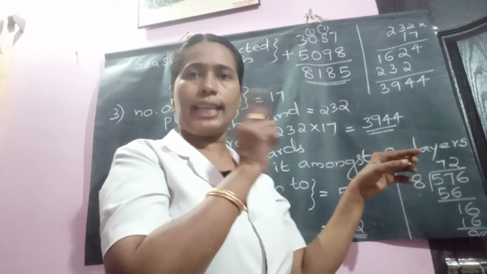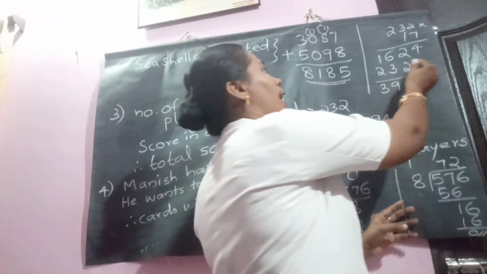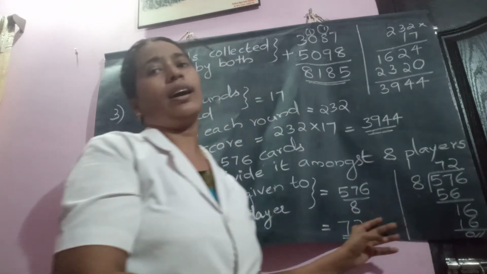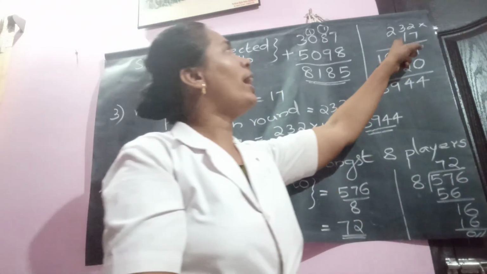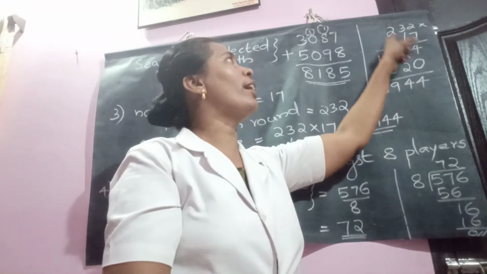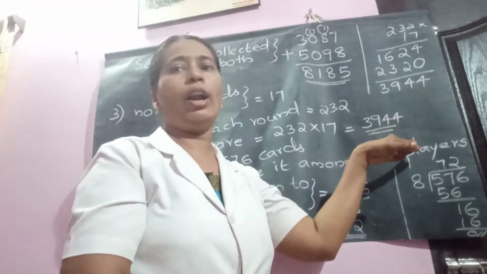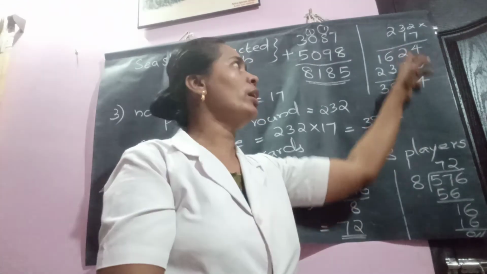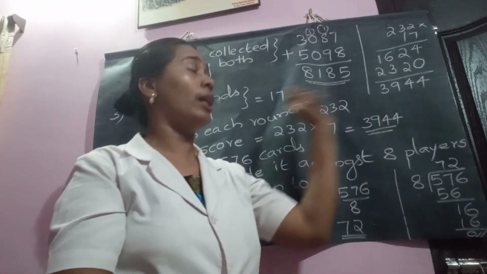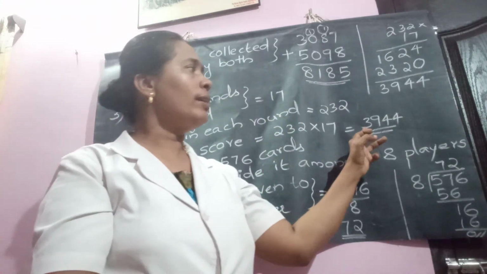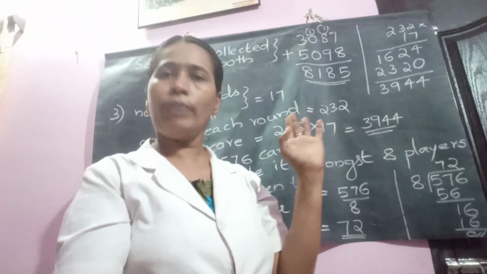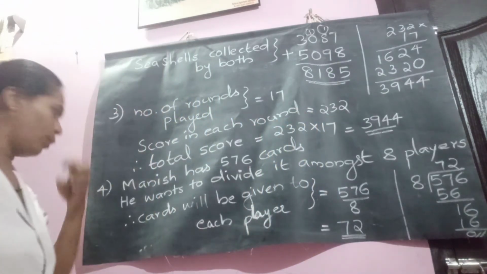For the second row, the teacher already told you, you have to first write 0, then start. 1 two is 2, 1 three is 3, 1 two is 2. Add column-wise. 4 plus 0, 4. 2 plus 2, 4. 6 plus 3, 9. 1 plus 2, 3. So the total is 3944. Finished.